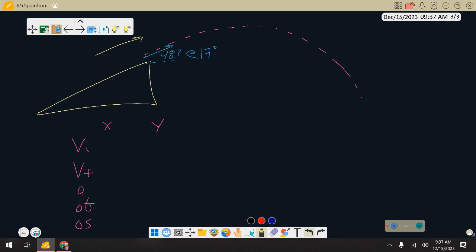So how do we get how much of this is in the x? Velocity in the x is going to be 48.2 meters per second cosine of 17 degrees, and velocity initial in the y is going to be 48.2 meters per second sine of 17 degrees. That'll go there, and that'll go there. Tell me what we get.